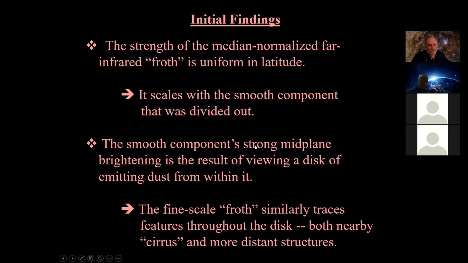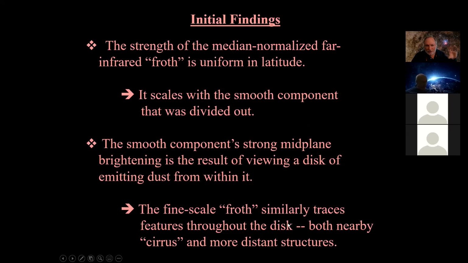And so the smooth component, as I tried to show you with that diagram, that strong midplane brightening is the result of viewing a disk of emitting dust from within it. And so that's what we're probably seeing with the froth. We're seeing that the froth similarly traces features throughout the disk.